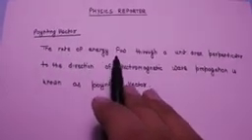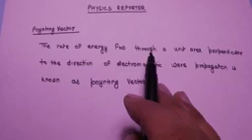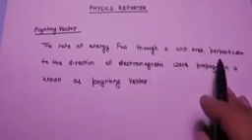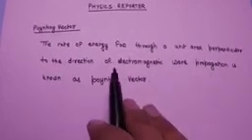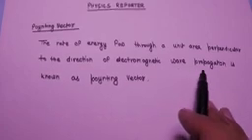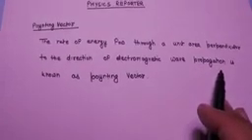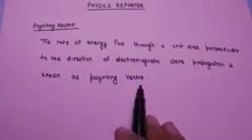The rate of energy flow through a unit area perpendicular to the direction of electromagnetic wave propagation is known as Poynting vector.